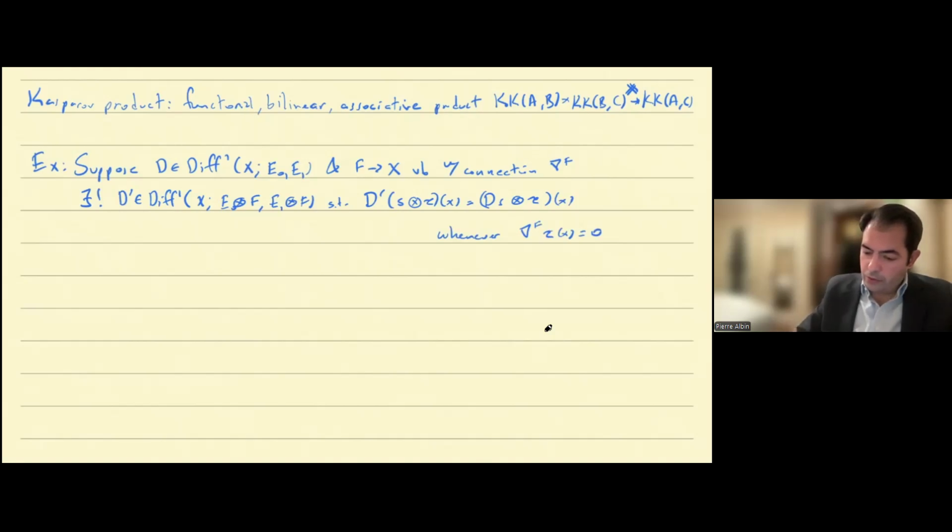Right? So if the connection evaluates to 0 at the point, then this operator just ignores the tau and just acts on the s at that point.